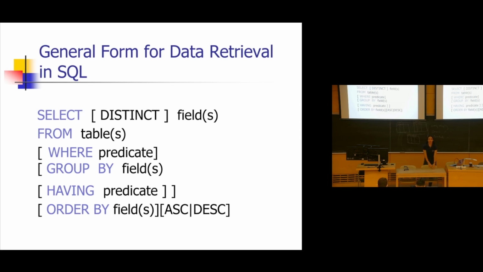For example, you SELECT * from the student table, and you put that condition in the WHERE clause: WHERE GPA equal to, for example, A+. Or if you want it to be in a range, you say WHERE GPA IN (A+).